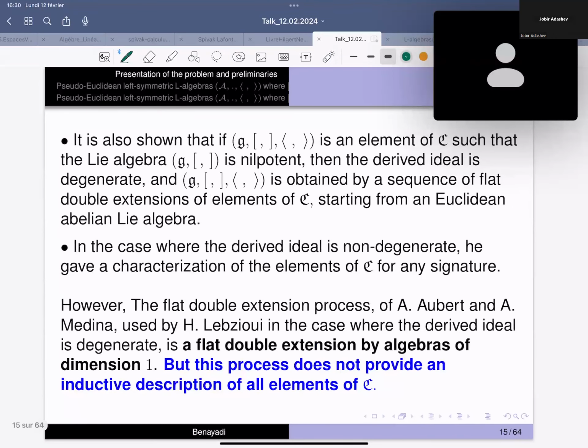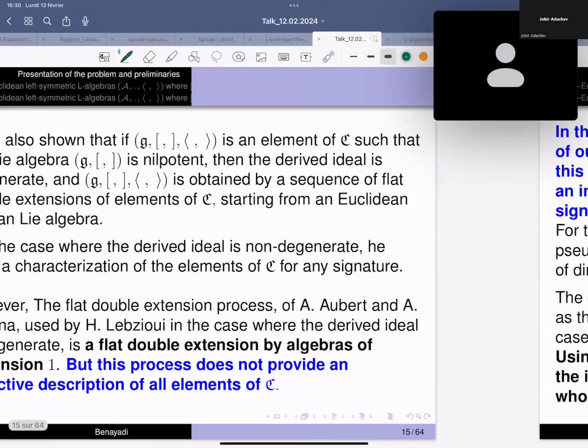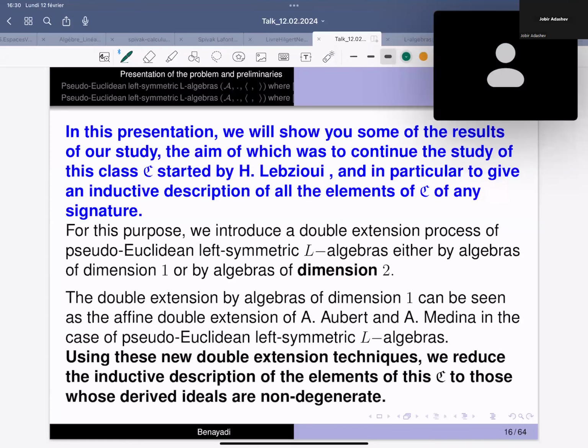In this presentation, I will show you some results. The aim of this study is to continue to study this class C, started by Lebzioui, and in particular to give an inductive description of all elements of C for any signature. For this purpose, we introduce a double extension process of pseudo-Euclidean Lie algebras, either by an algebra of dimension 1 or by an algebra of dimension 2.